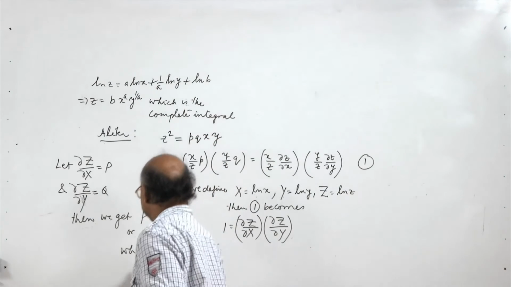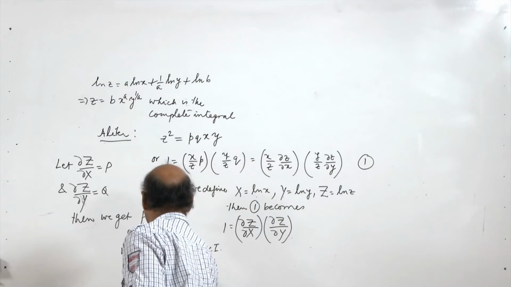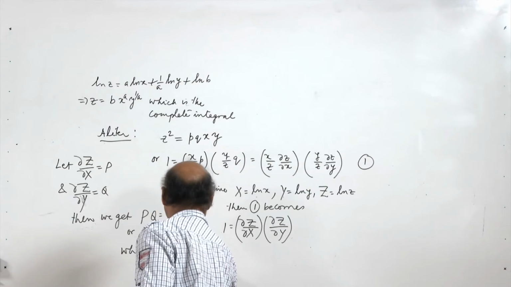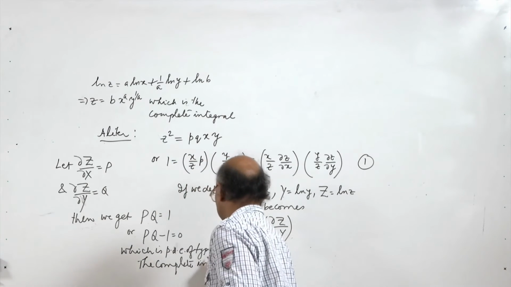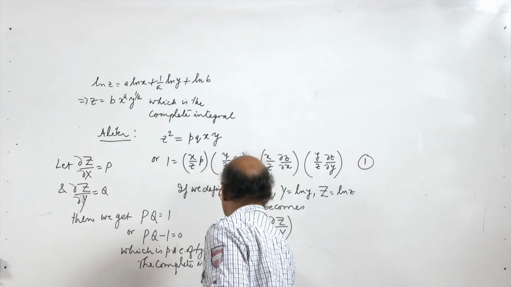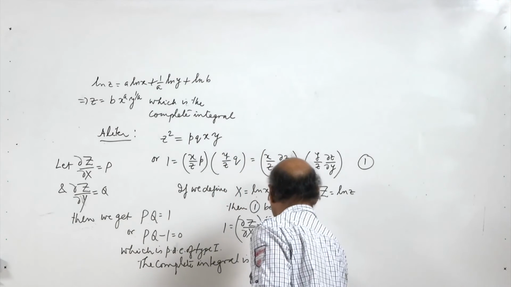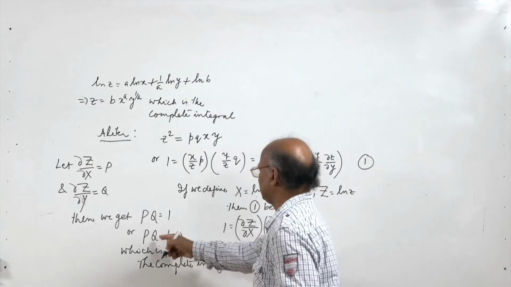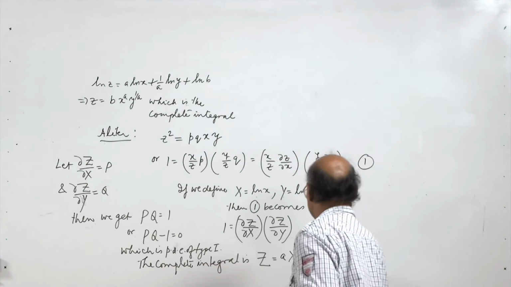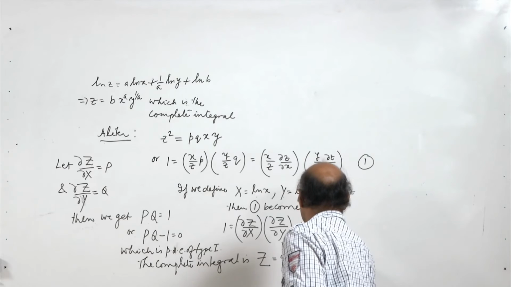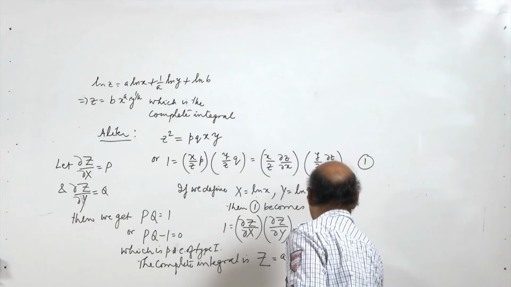And the complete integral in this case is Z = aX + (1/a)Y + constant b.